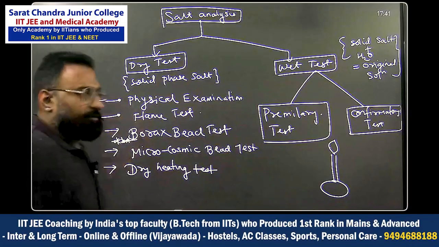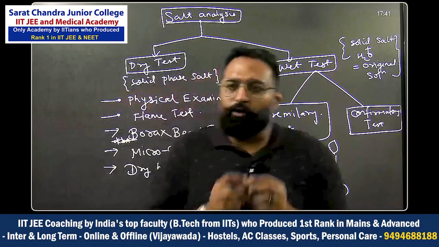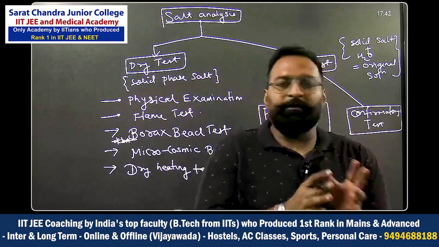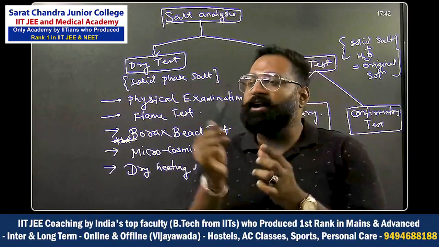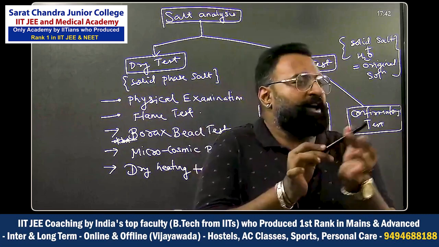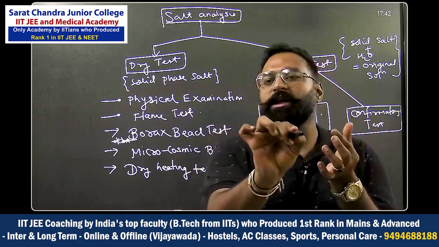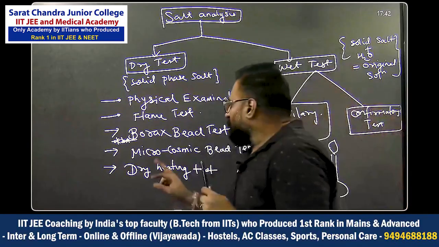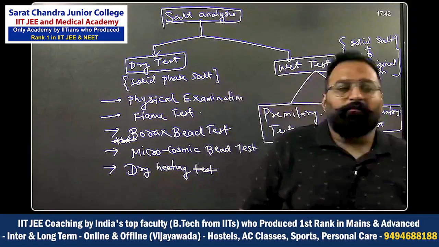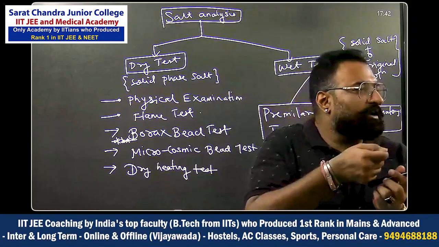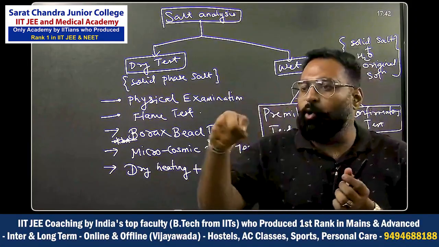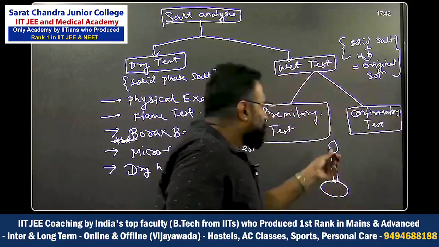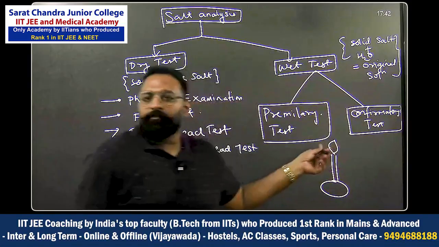In flame test, what did we do? We took a salt, we combined the salt with HCl, we made a paste, we applied the paste on platinum wire and we kept that in the flame. This is the procedure we have done. But for dry heating test, we are directly using the salt, keeping it on a small spoon made of platinum, and we are directly entering the spoon in the flame.